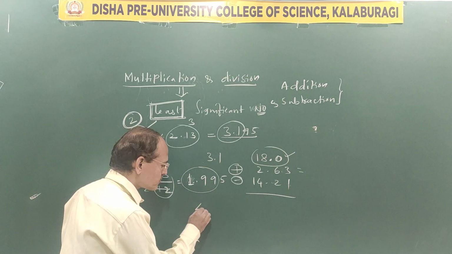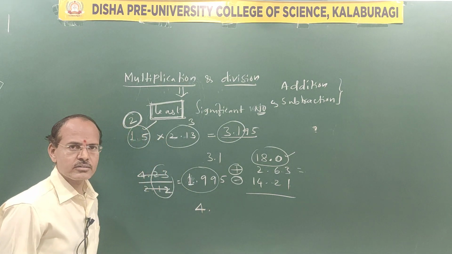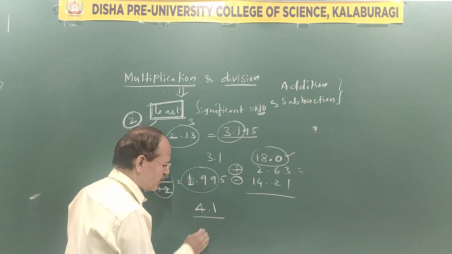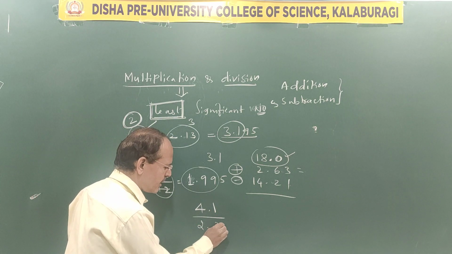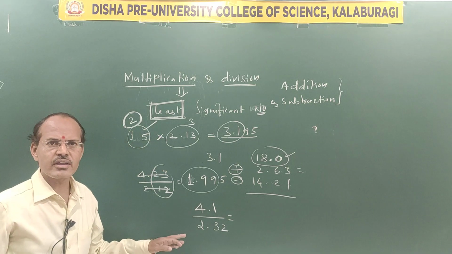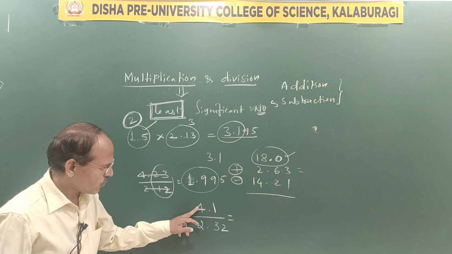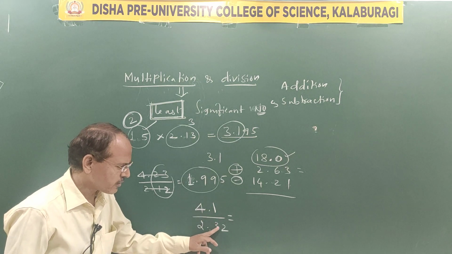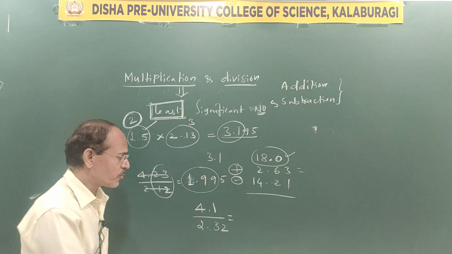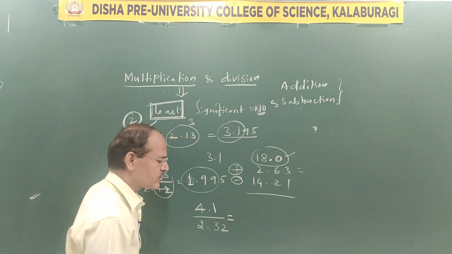If it is 4.1 divided by 2.32, at that time, concentrate here. Look at this value, 4.1 and 2.32. So what may be the answer for this?